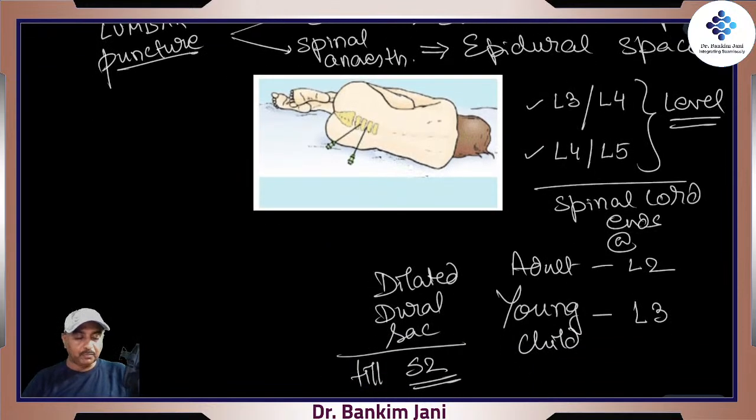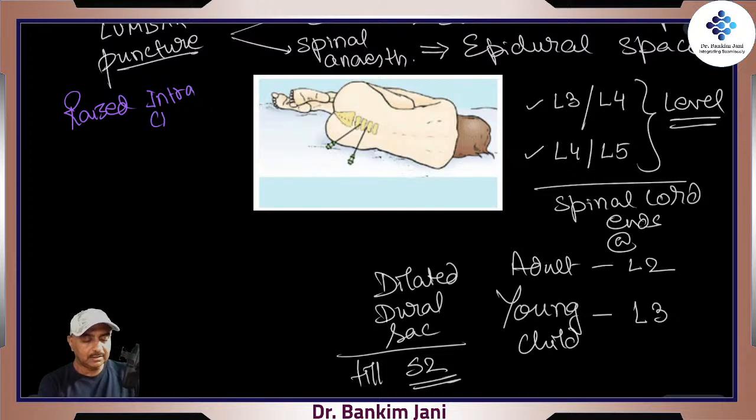Whenever you go for lumbar puncture, now I'm changing the color because it is very, very important, you need to take care of raised ICT, intracranial pressure, or raised intracranial tension or pressure.